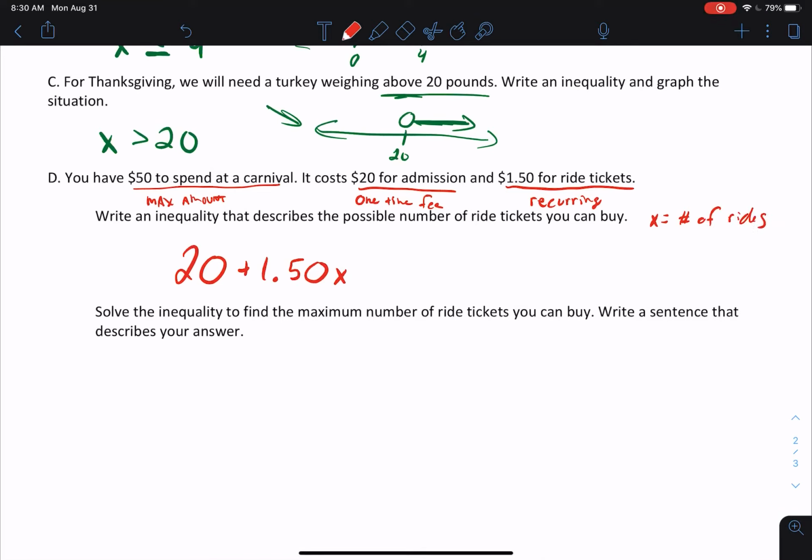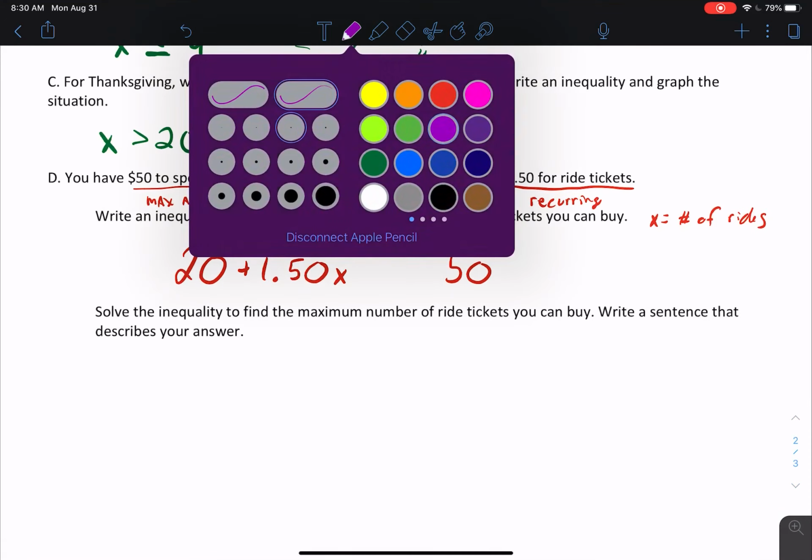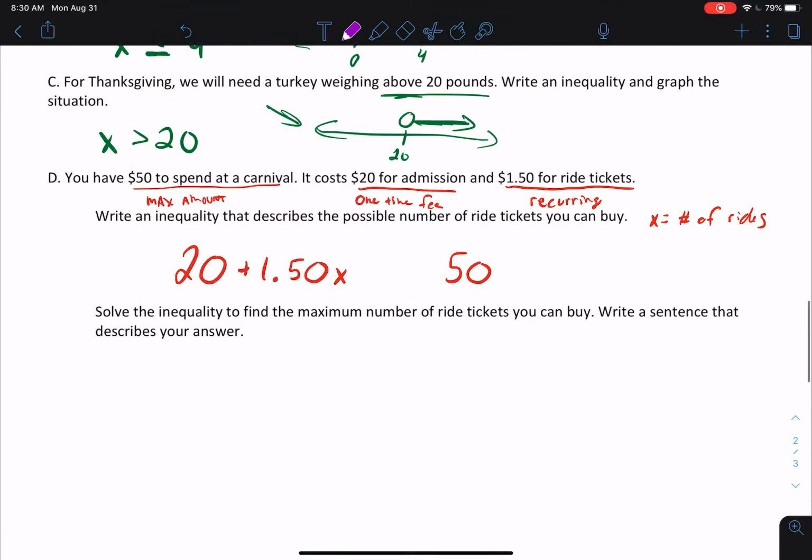And the number of rides I can go on is restricted because I only have $50 to spend. So what is the relationship between the amount of money I'm going to have to spend and my max amount? So $20 and then $1.50 per ride. Well, I can't spend any more than 50. So this is going to have to be less than or equal to 50.